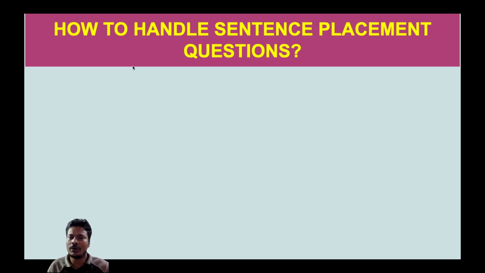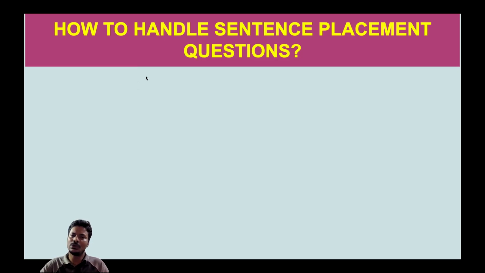Now, what do sentence placement questions look like? In such a question, you are given a paragraph with 4 blanks and one sentence that you have to place correctly among them.